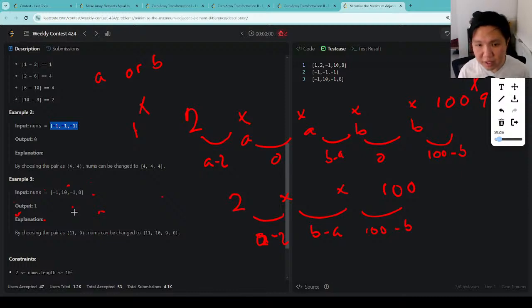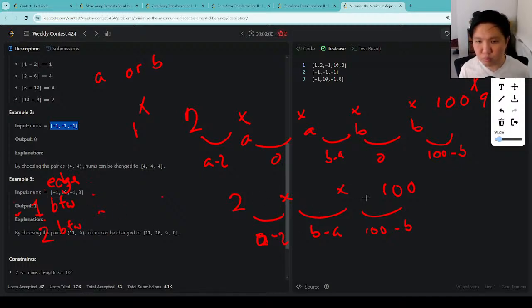Well, this is how I approach it. I'm going to identify all the different types of intervals. I have 3 types of interval. One type is an edge. One type is between, with 1 x in between.